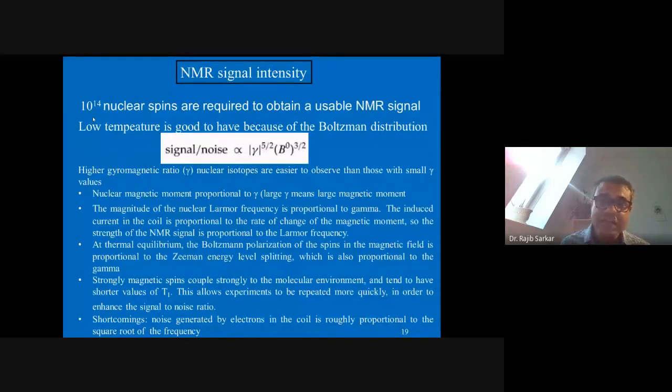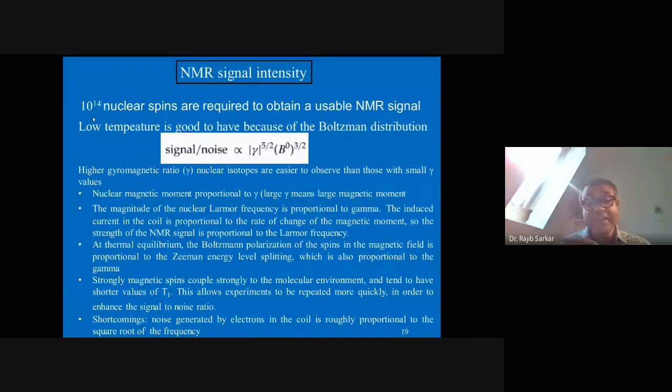But still the restrictions are there, on how many nuclei are needed to get a reasonable or usable NMR signal. So one has to think about this before you start searching for the NMR signal. For example, now in solid state physics, what we do, we can get an NMR signal now from a 0.5 milligram sample also.